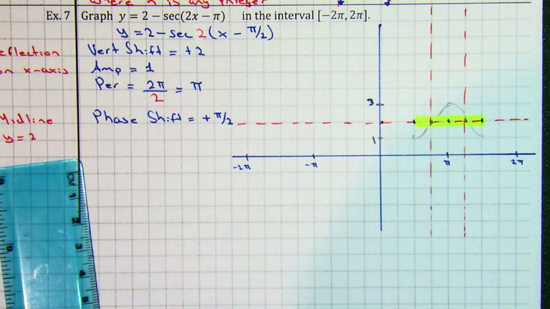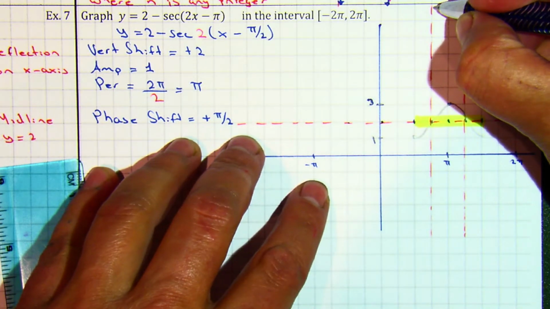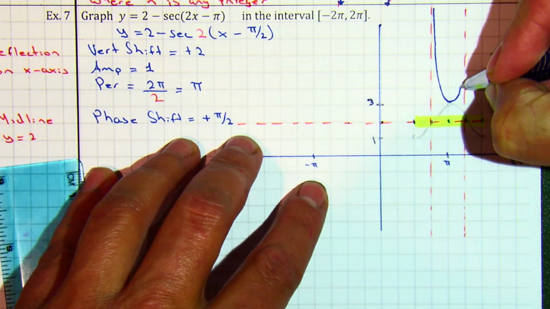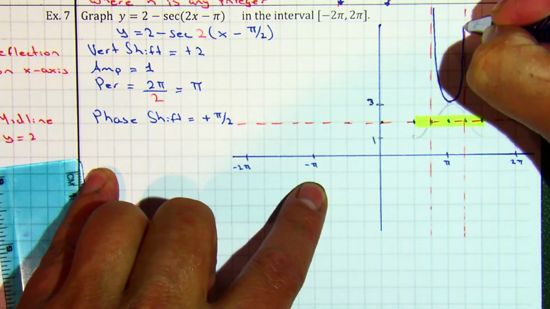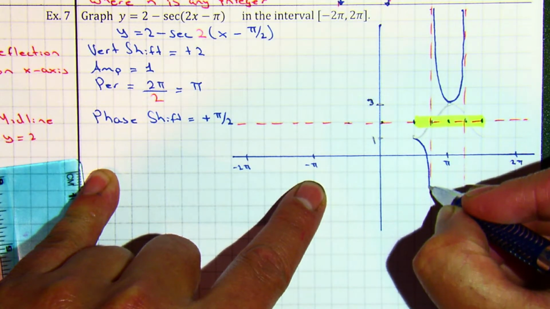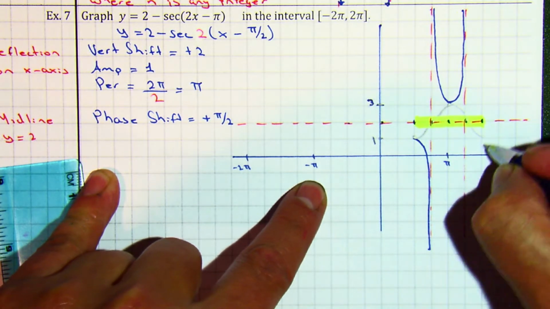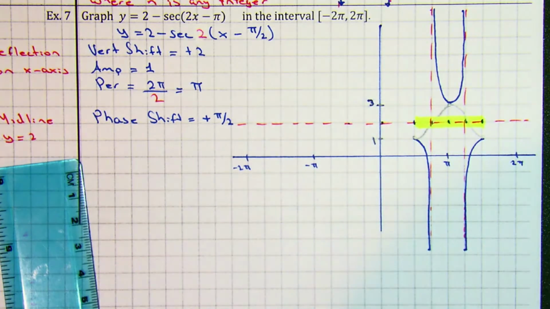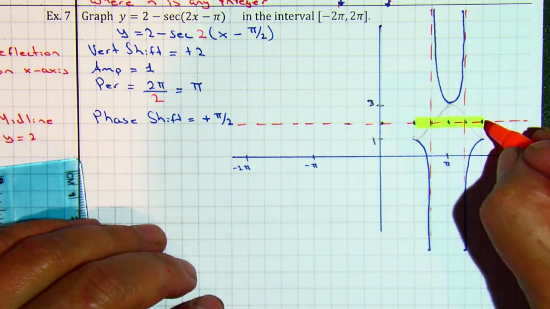And let me just continue on, actually, let me just graph this part. And then we'll graph the second part. That'll be your secant. That'll be one part, and that'll be the other part. And now we need to be able to graph all the way through. So on the right, 1, 2, 3, 4.